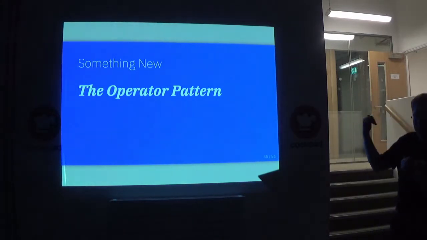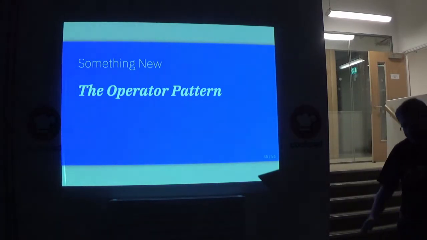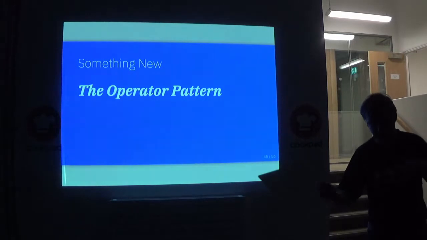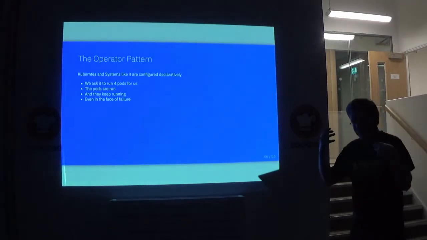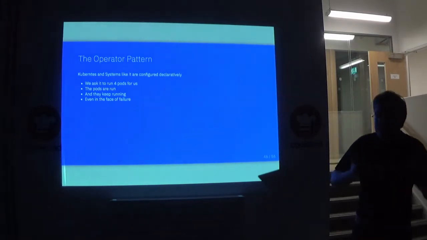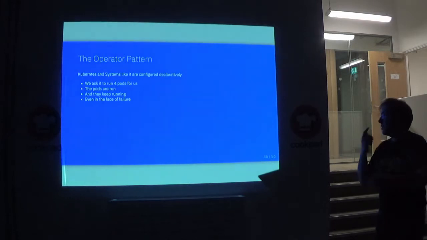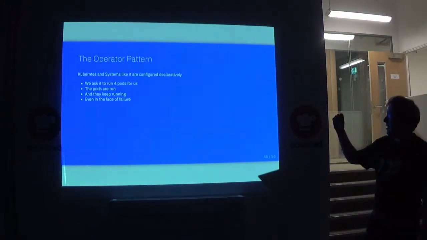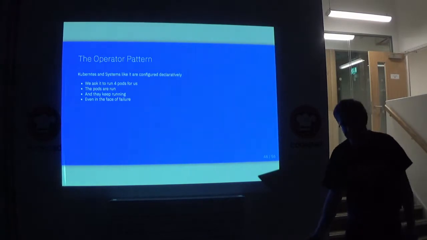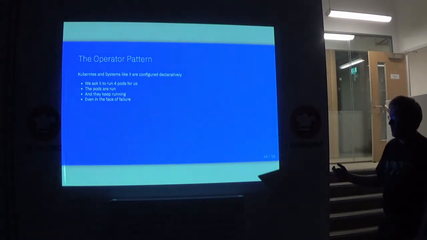Something new. This isn't mentioned in the paper, but it's super interesting: the operator pattern. This is something that CoreOS came up with about 2 years ago. It's kind of Kubernetes specific, but I think it's another pattern that's really important for dealing with containers. Kubernetes and systems like it are configured declaratively.